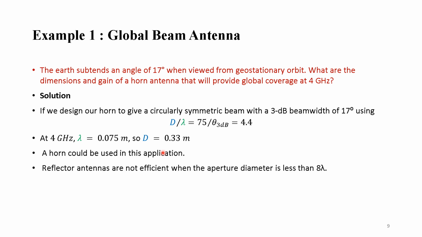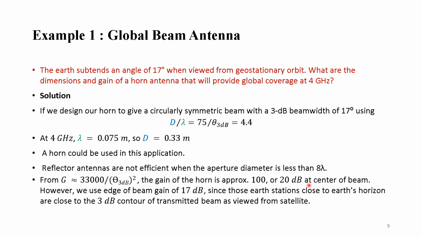A horn could be used in this application. Reflector antennas are not efficient when the aperture diameter is less than 8 lambda. In our case, the diameter is 4.4 times lambda, so this is not very efficient. If you want to find the gain, the gain of a horn antenna is approximately 100, or 20 dB at the center of the beam.